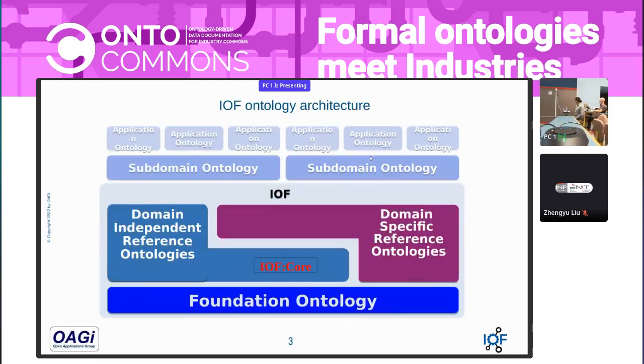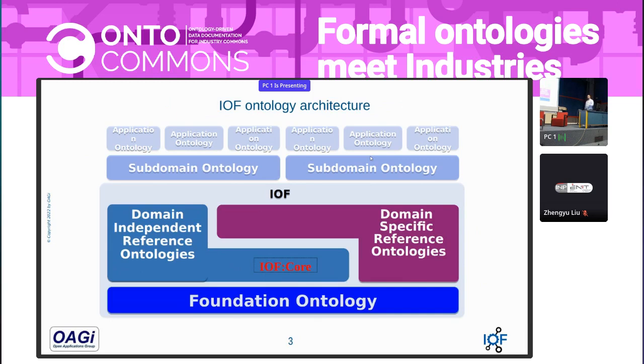As for the suite itself and how it's structured, we are actually using a tiered architecture for our ontologies. As we see in the basis, we have a foundation ontology, while at the top we have the application ontologies. So the idea is to go from a more abstract level to a more specific level systematically. If we look at the domain of the IOF, first we see the mid-level ontologies where the core belongs.